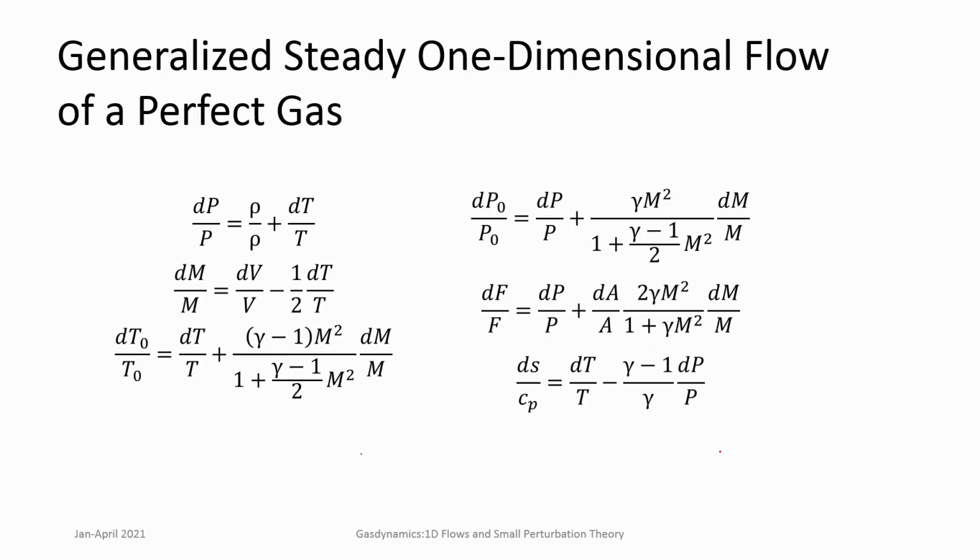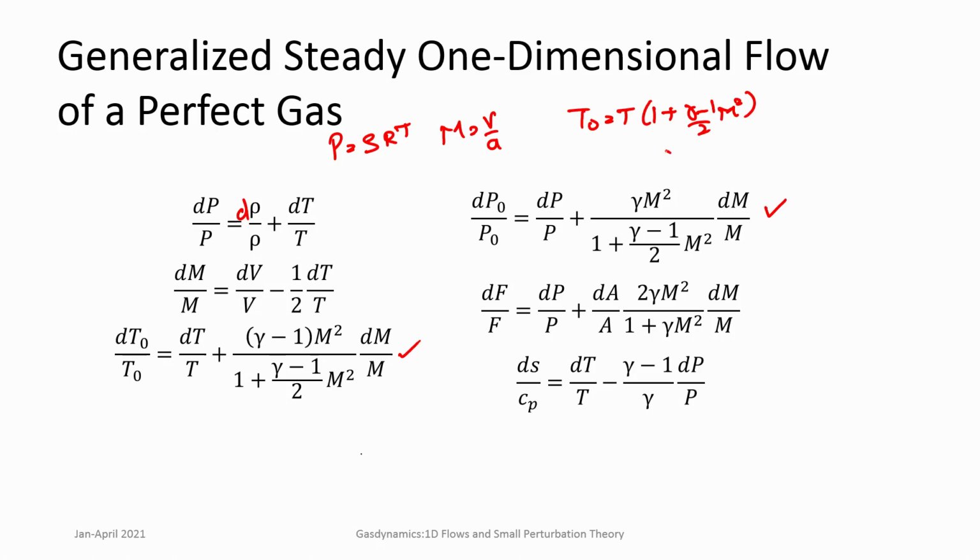The definitions come from P equals rho R T. So dP by P is d rho by rho plus dT by T, and Mach number is defined as V by a, and a goes as square root of T. From there, dM by M is equal to dV by V minus 1 by 2 dT by T. Then you can use the T naught definition, T multiplied by 1 plus gamma minus 1 by 2 M square, and from there you get this equation. Similarly, P naught.